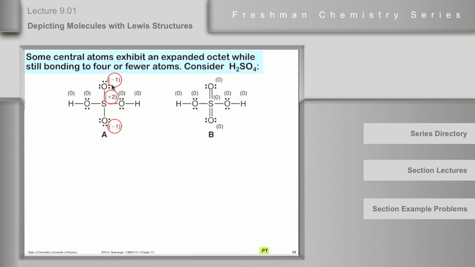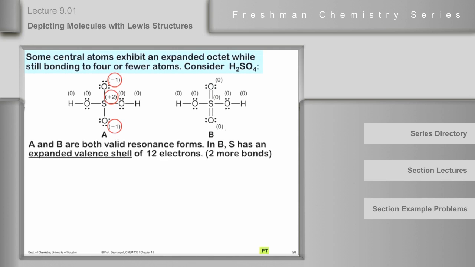And the other possibility is that we make double bonds between the oxygen and the sulfur here and the oxygen and the sulfur here. That makes sulfur have 2 single bonds to oxygen and 2 double bonds to oxygen. And when you look at the formal charges, sure enough, you get all 0 formal charges doing it that way.